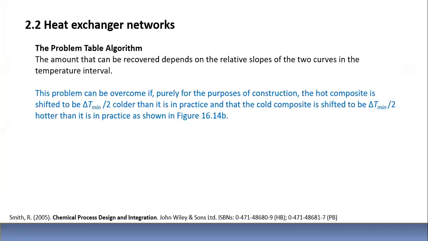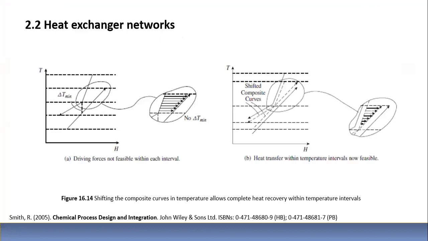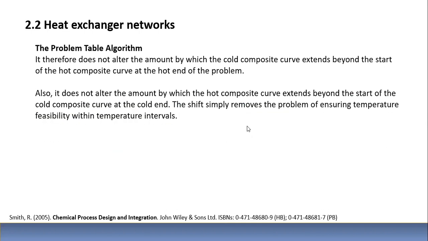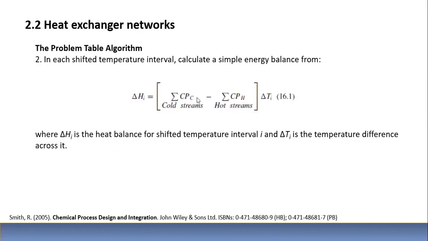We also explained that this dashed line was the hot composite curve minus delta T minimum divided by 2, and this dashed line was the cold composite curve plus delta T minimum divided by 2. Eventually they touch right there, where the pinch point is. So that would be number 1.